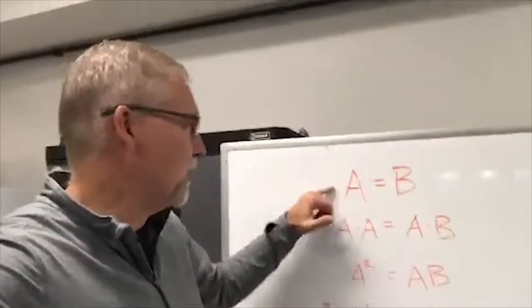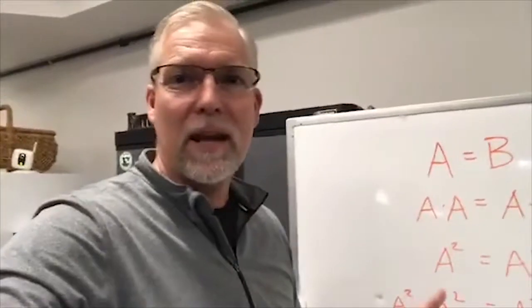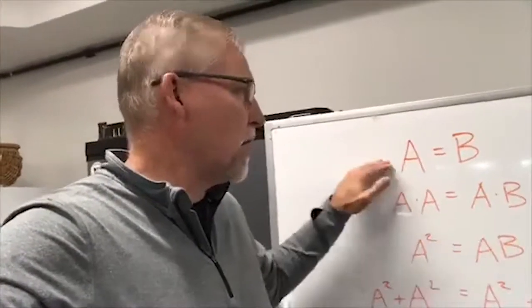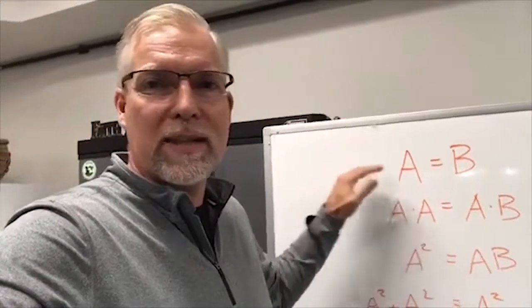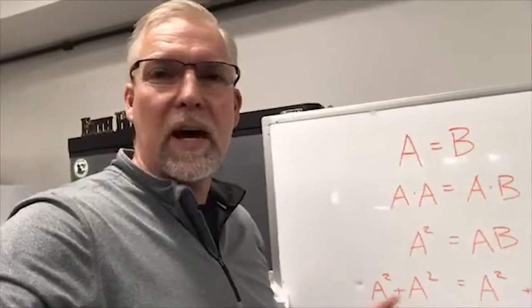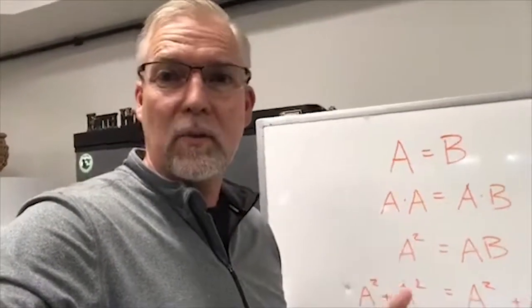So the very first step, A equals B, a lot of people would say, well, A is not B, so A cannot equal B. Well, in algebra, A can equal B. That is not an erroneous statement. That's not a fallacy in any way. For instance, if A was equal to 5 and B was equal to 5, well, then A equals B because 5 equals 5.